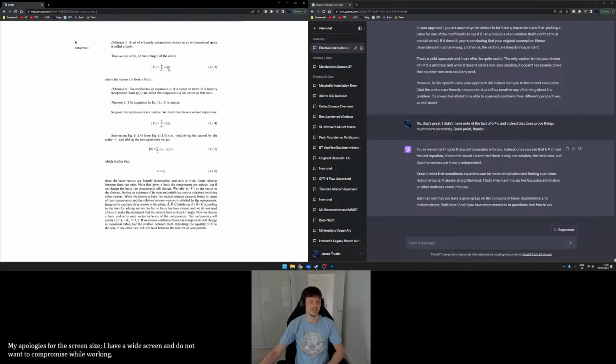These are the linearly independent vectors. The coefficient is called a component when it's multiplied by the linearly independent vector. So it's just saying that the coefficient is called a component when we're working with a basis.